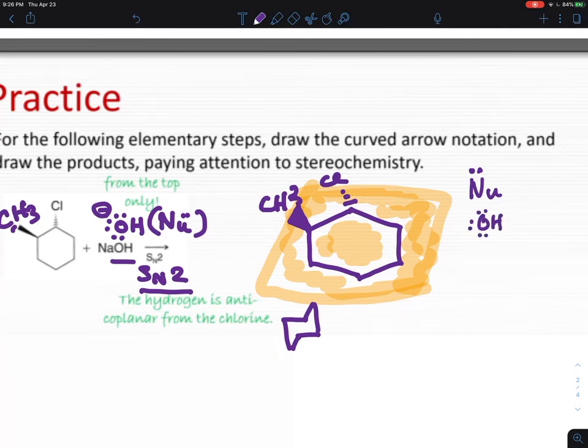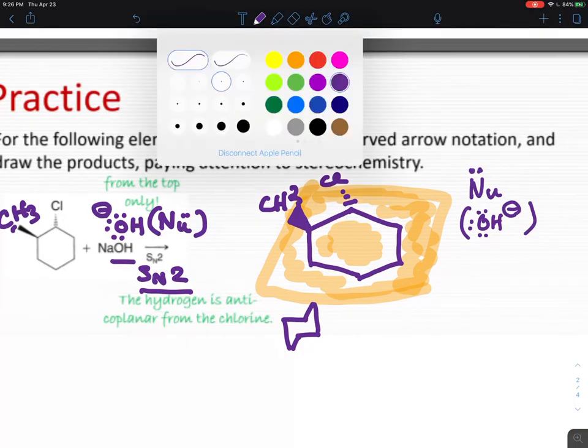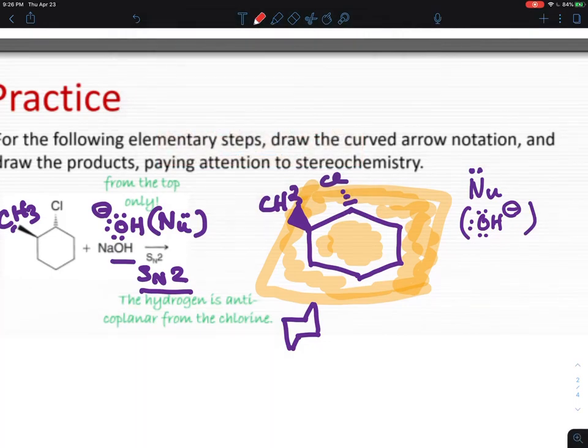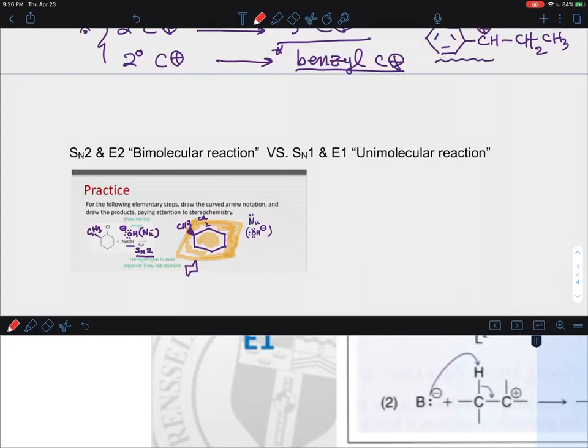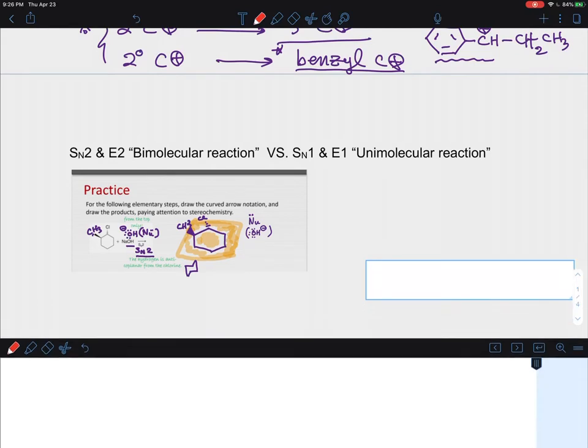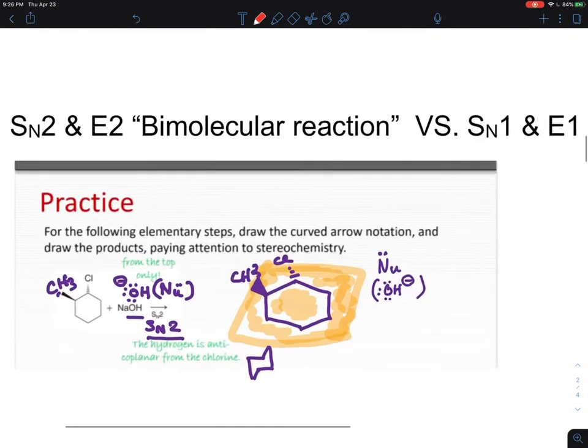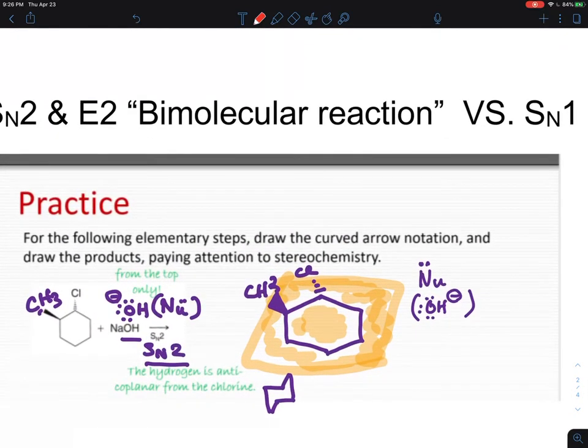That's the negatively charged OH minus. It's trying to find bonding, and it's electron rich, so it's looking for something electropositive, and this carbon right here is electropositive, right?